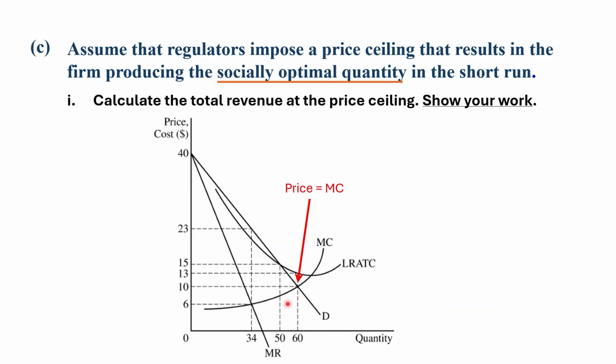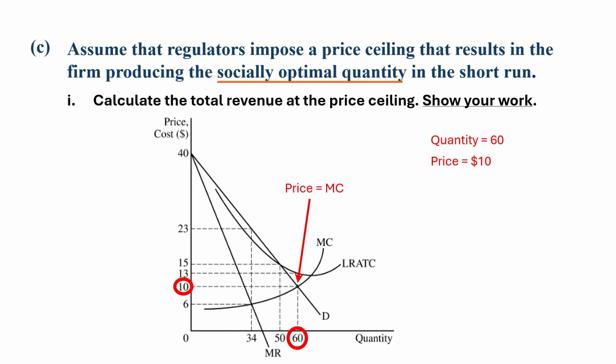On a graph, that means we look for where the demand curve intersects the marginal cost curve. Here, your quantity is 60 and price is $10. This is the efficient level of output because price reflects the true marginal cost of producing one more unit.